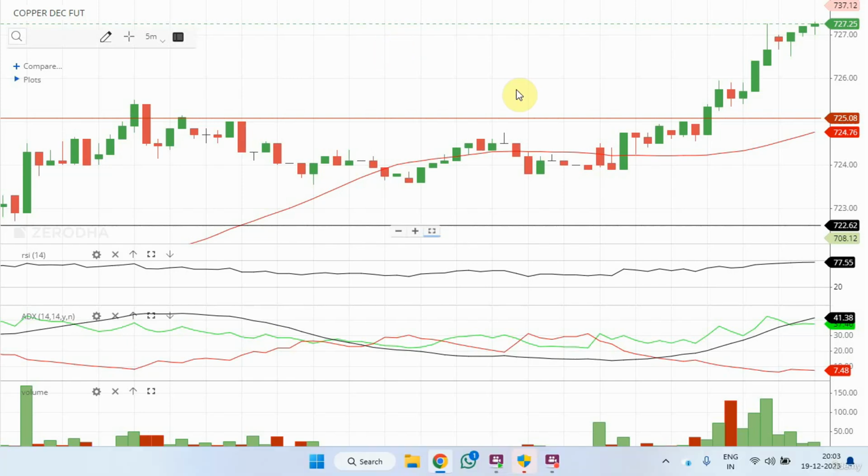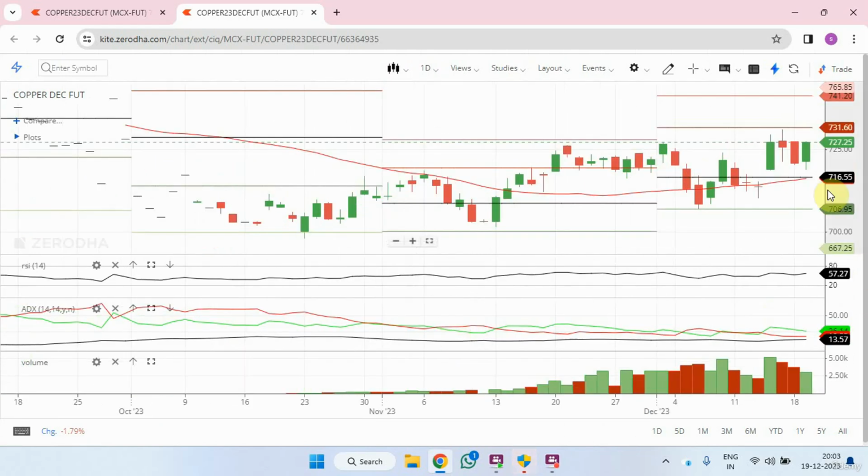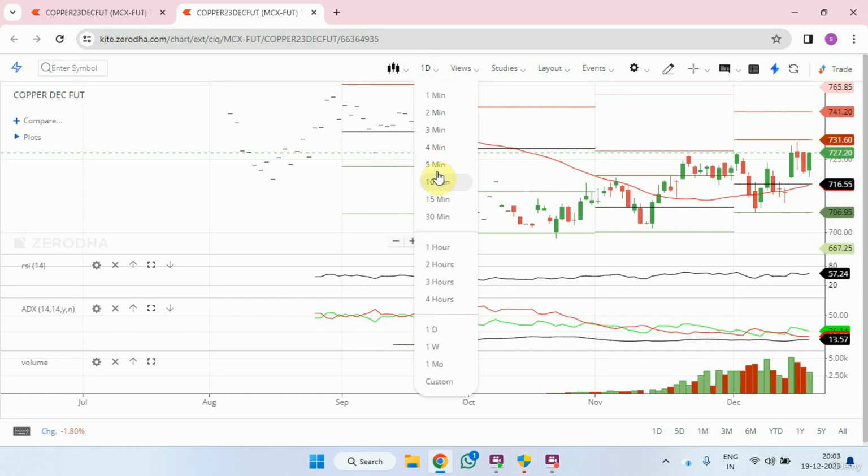The reason behind this also: once we see the daily chart, the resistance was 725 and it has broken 725. So this has a scope of rallying 3-4 rupees more, friends.